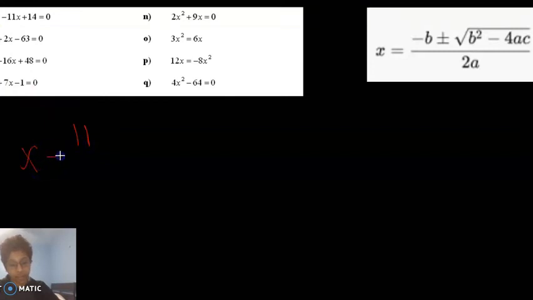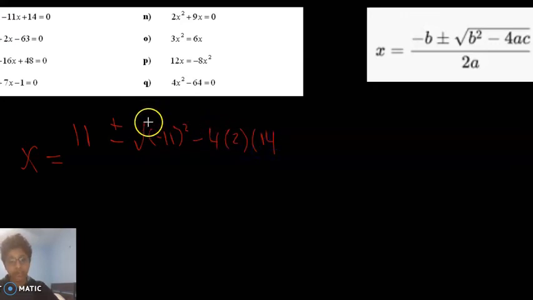x equals negative b plus or minus the square root of b squared, so negative 11 squared, minus 4 times a times c, so minus 4 times a, which is 2, so minus 4 times 2 times c, which is 14.